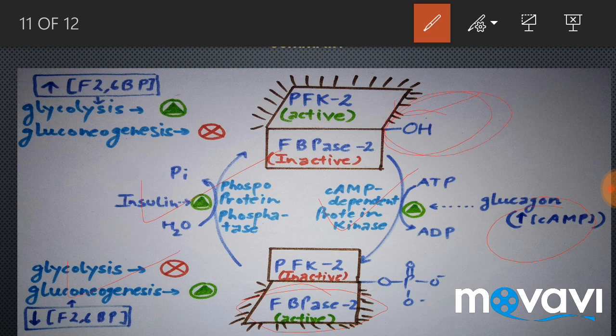The phosphate group is removed, and the result would be opposite, that is glycolysis would be continued and gluconeogenesis would be disfavored because there is an increase in fructose 2,6 bisphosphate. So this was all about the regulation of PFK. In the next video, we will cover the regulation of the other enzymes, that is hexokinase and pyruvate kinase. Thank you.